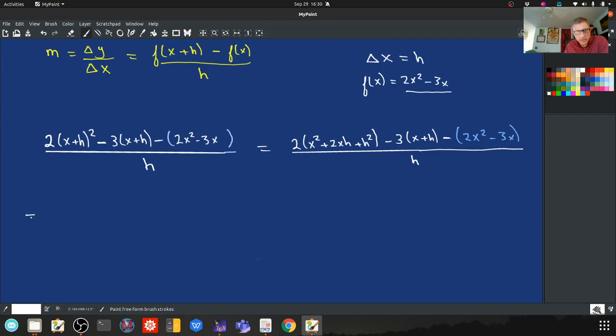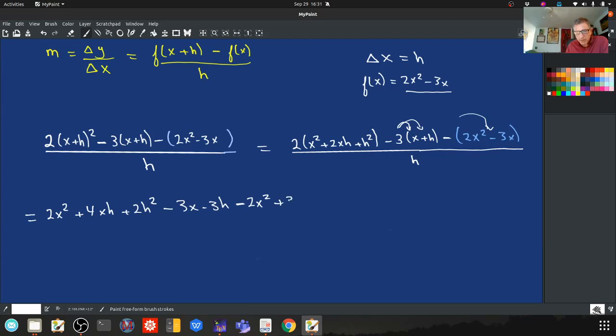So let's go ahead and simplify that numerator. What I have to do now is just multiply out. So that's 2x squared plus 4xh plus 2h squared minus, and we're doing distribution, 3x minus 3h minus, I'm going to distribute this negative sign, minus 2x squared minus a minus is a plus.